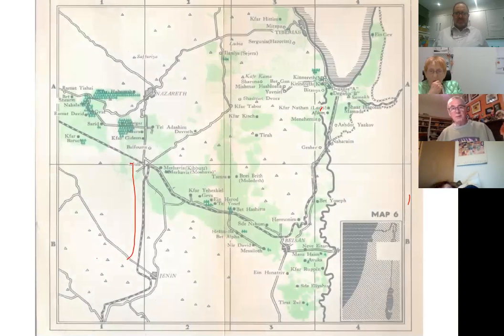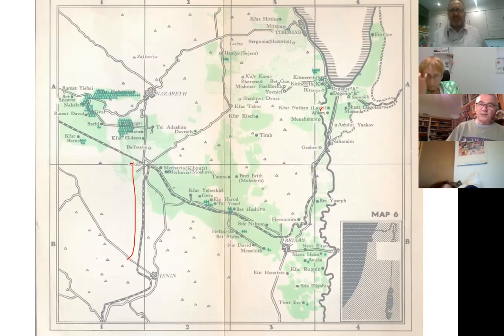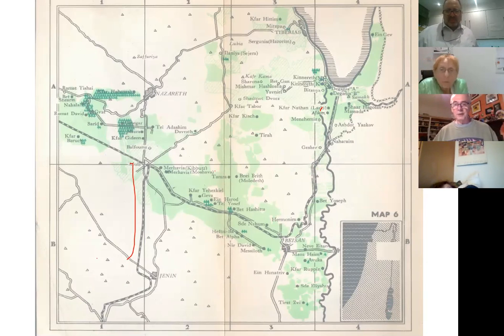There are, I can't remember how many, I think about 12 or 16 maps of different areas. I chose this one because it includes Kibbutz Beit Alpha, where my sister-in-law and my niece and nephews live, near Afula and Beit Shean.